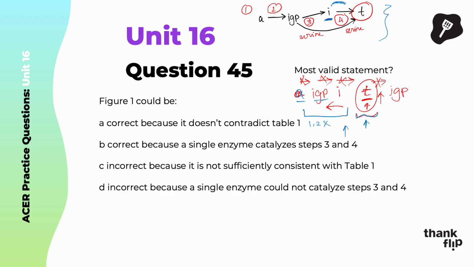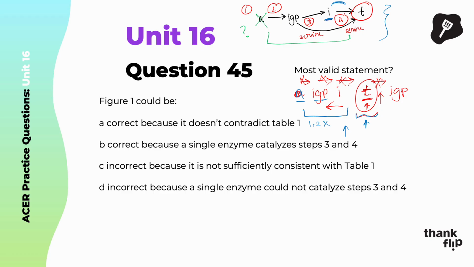Now let's look at try 8. Try 8 grows if you supplement it with IgP, with I, with T, or with A. So it's basically telling you that all of these steps here are working, except potentially step 1. Because this is a mutant, there's probably something wrong. And when you don't give it any supplement, so if you don't give it A, it doesn't grow.